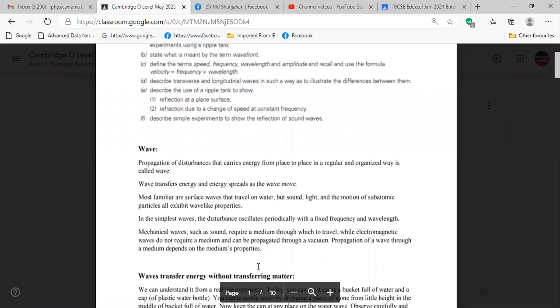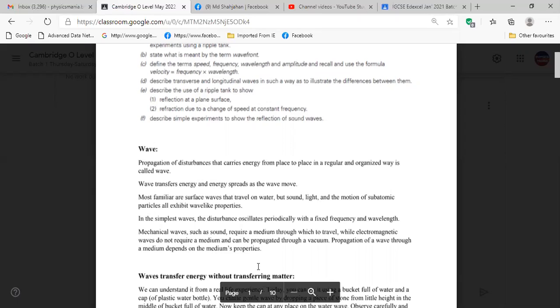Most familiar are surface waves that travel on water, but sound, light, and motion of subatomic particles all exhibit wave-like properties. In the simplest waves, the disturbance oscillates periodically with a fixed frequency and wavelength. Mechanical waves, such as sound, require a medium through which to travel, while electromagnetic waves do not require a medium and can be propagated through a vacuum. Propagation of a wave through a medium depends on the medium's properties.